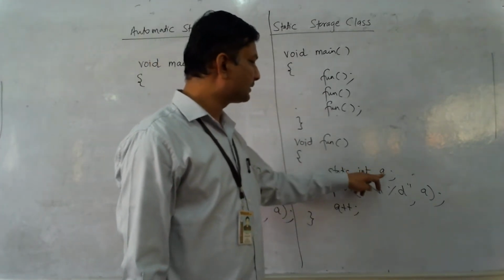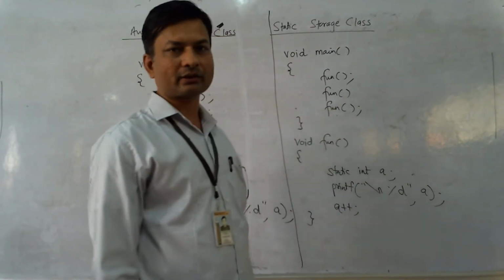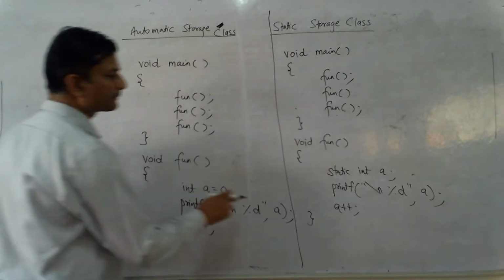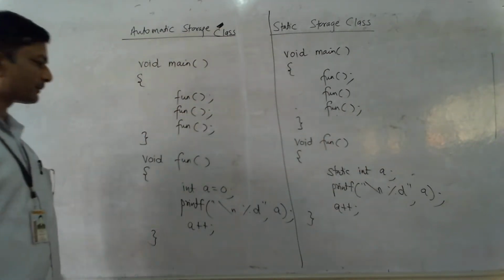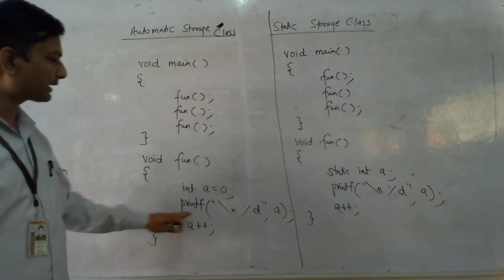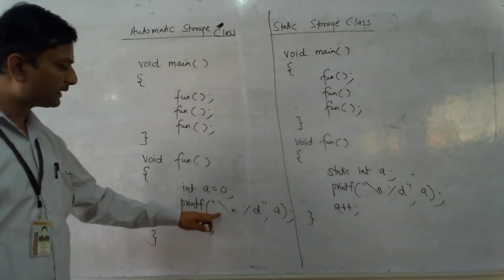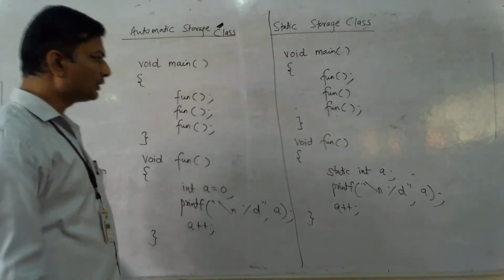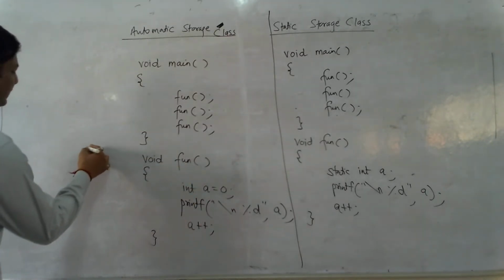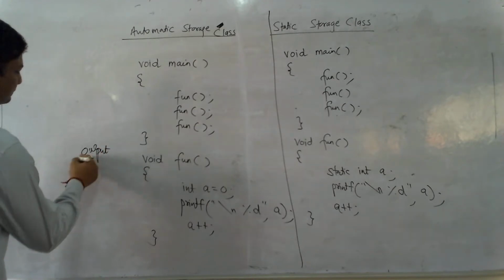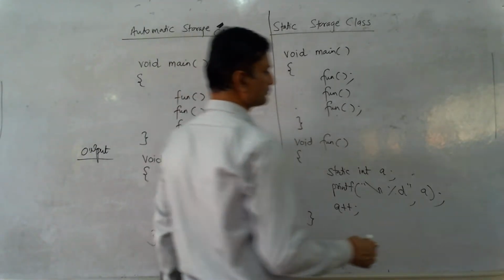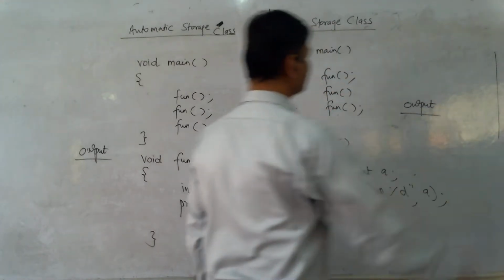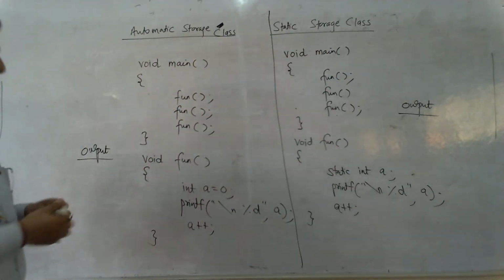It means a belongs to static storage class. In both examples, the data type of a is int. In both examples, I have displayed the value of a, and after displaying the value of a, I have incremented the value of a by 1. So let us see what will be the output.